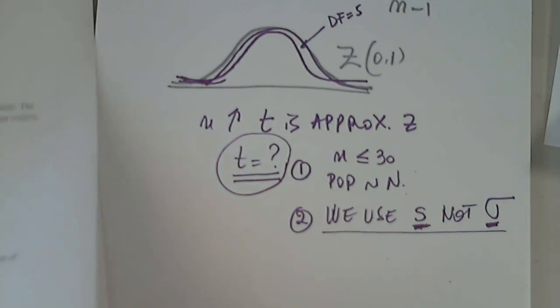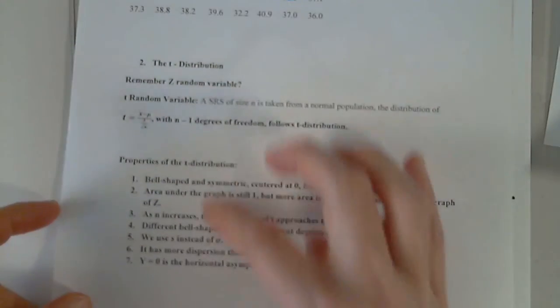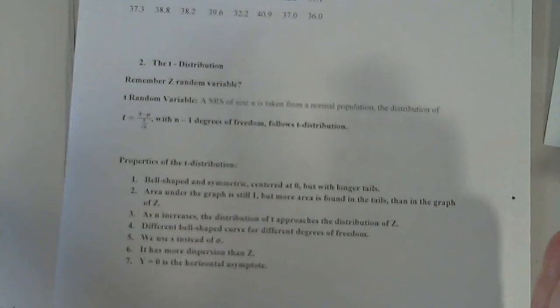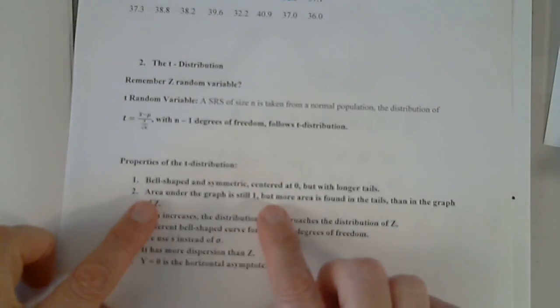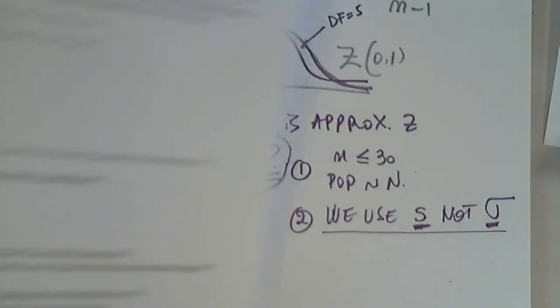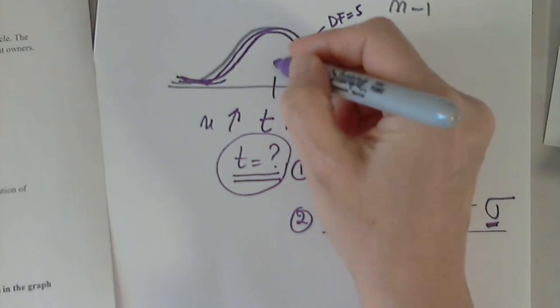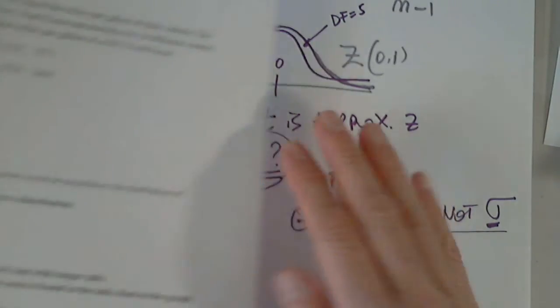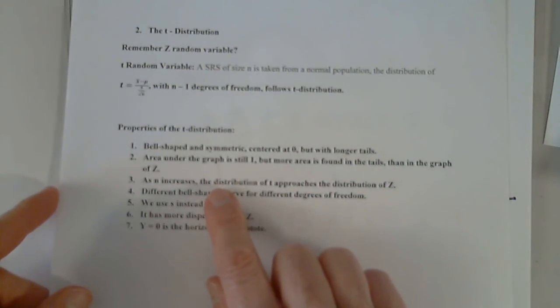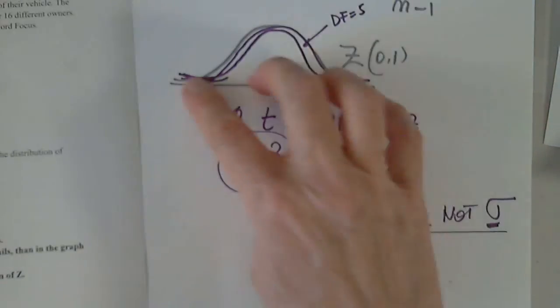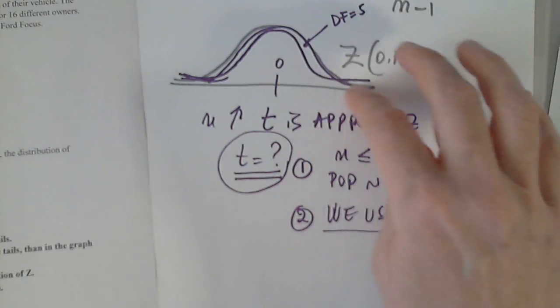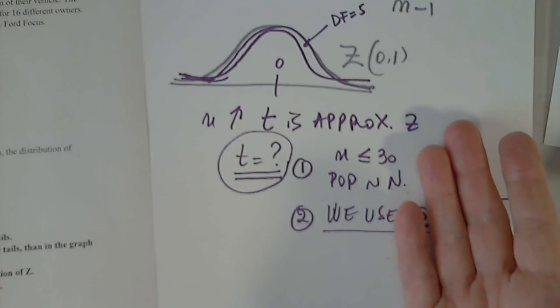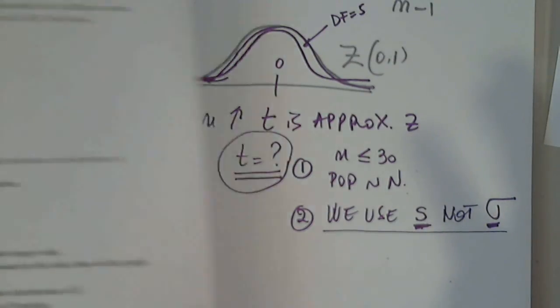Okay, so now let's see. I listed here everything that I already mentioned. It's bell-shaped, it's symmetric, it's centered at 0. But we cannot talk about standard deviation; we talk about degrees of freedom here. The area under the curve is still 1 because it represents probabilities, and probabilities cannot be more than 1.